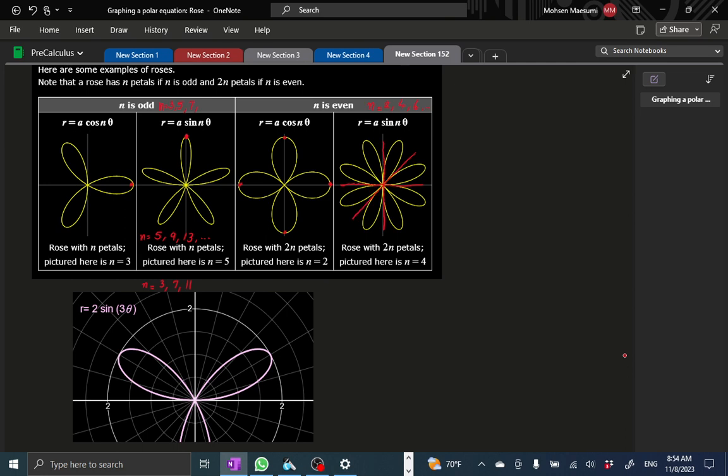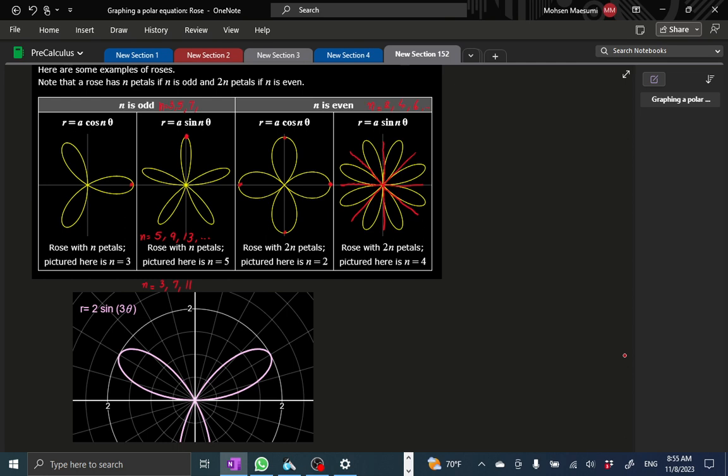Here is my pizza divided into 8 slices. This is for the case of n being even, and we are dealing with the sine. So we draw all these slices, and then the petals fit inside of those slices.